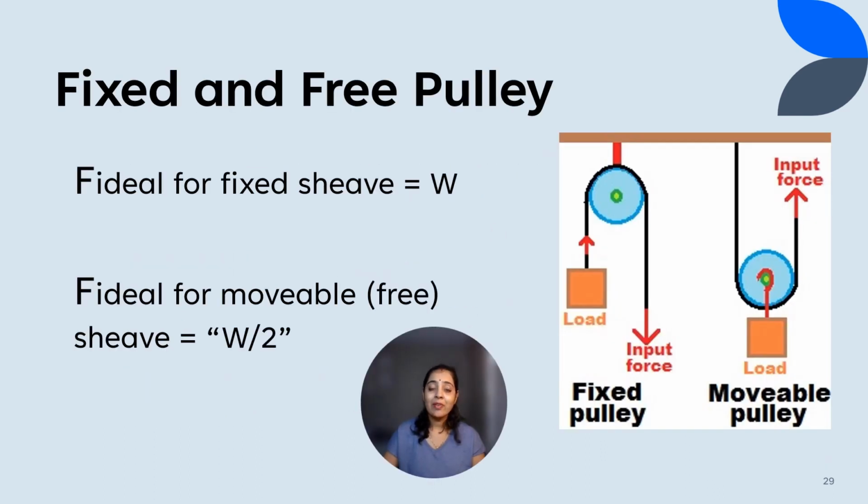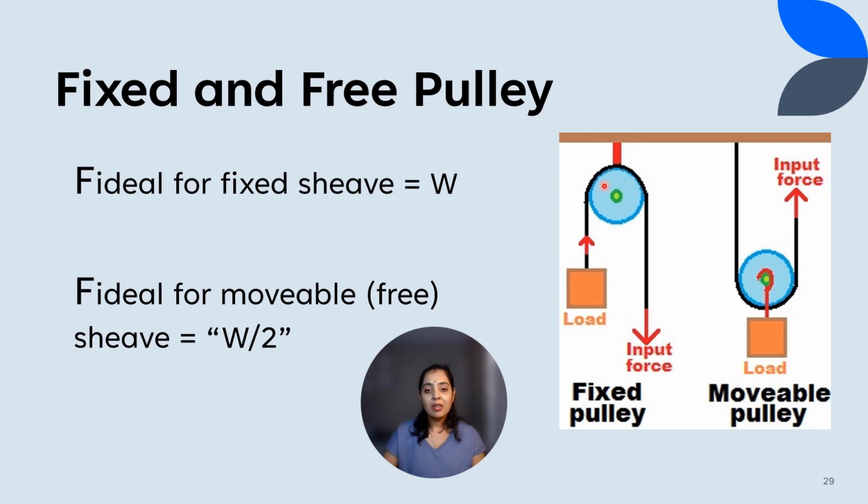Fixed and free pulley. So what is this fixed and free pulley? In this picture on the left, this is a fixed pulley. Fixed pulley is fixed at this point and the rope is on the wheel.